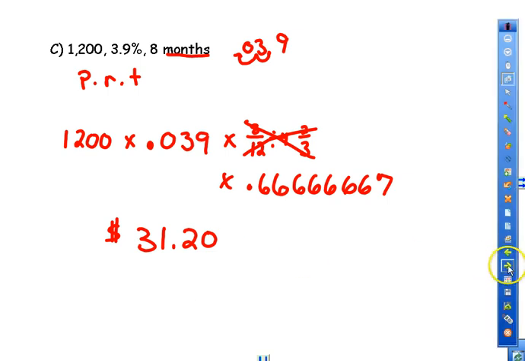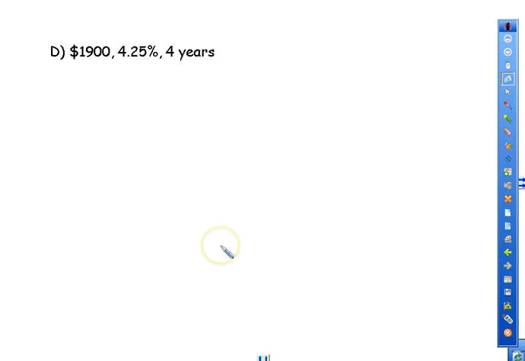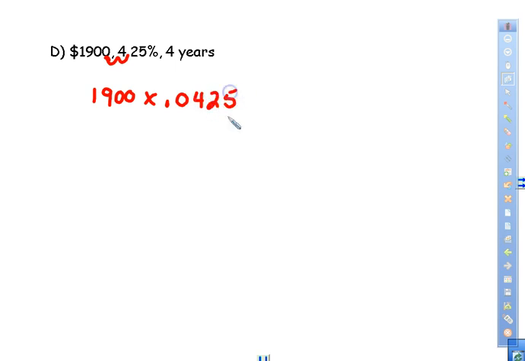Okay? Let's look at our next problem and go ahead and solve this. So I have $1,900, and I'm going to multiply that by not 4.25, but we're moving it 2 places to the left again, so 0.0425, lots of numbers there, times, and this is in years, so we're going to leave it 4.